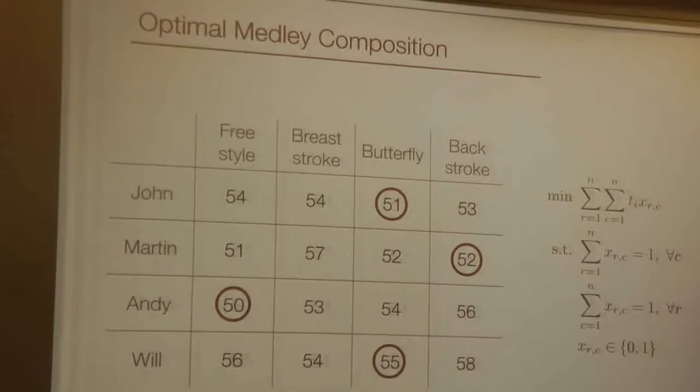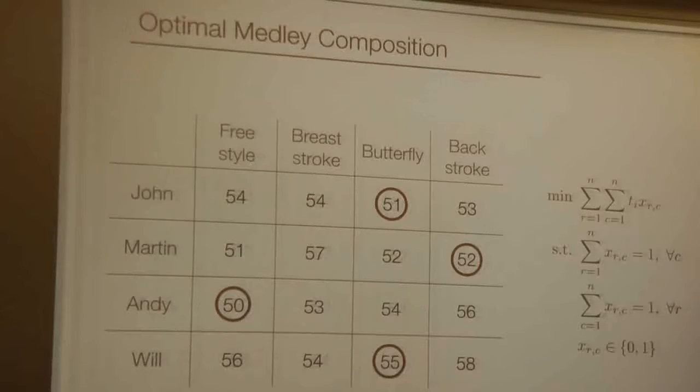Actually, I messed up something here with those circles. They have moved, so that one should be here clearly. That's a mistake on my side, I apologize. So what we are looking for is a permutation matrix, and the permutation matrix has this strong property that it has exactly one non-zero element in each row and exactly one non-zero element in each column.